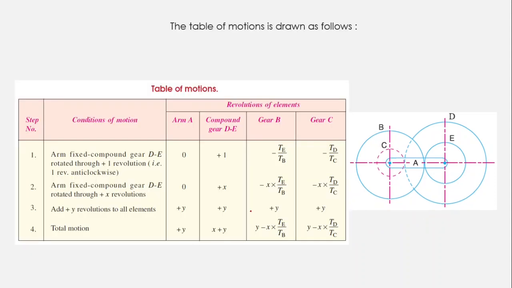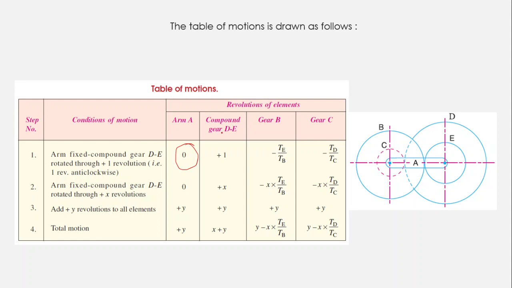Then by using this table of motions, we can find out the different conditions. In the first row, we fill in the condition that with the arm fixed, compound gear DE rotates through +1 revolution, that means 1 revolution in the anti-clockwise direction. Arm fixed means the revolution of element A is equal to 0.